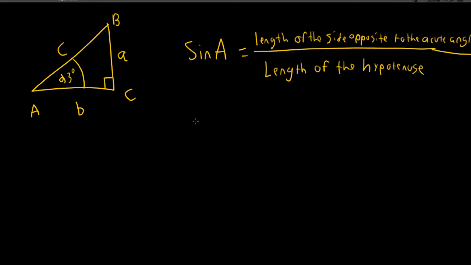Now this is usually abbreviated in the following way. Sine of A is equal to, we just say, opposite over hypotenuse.